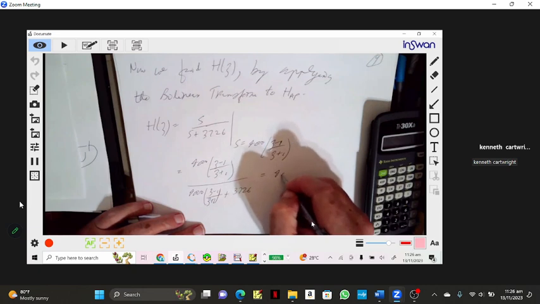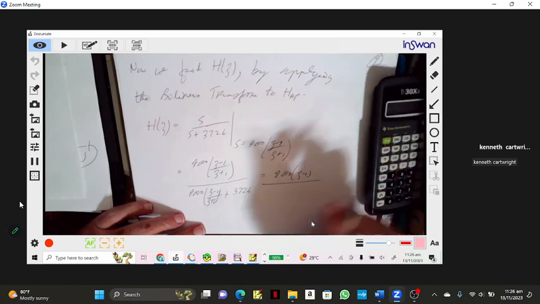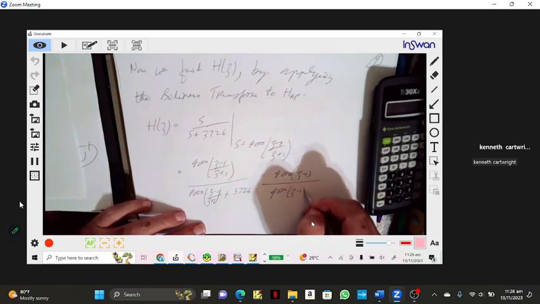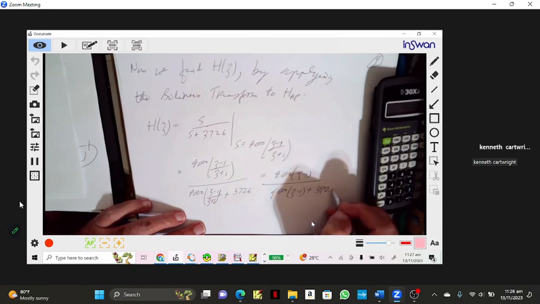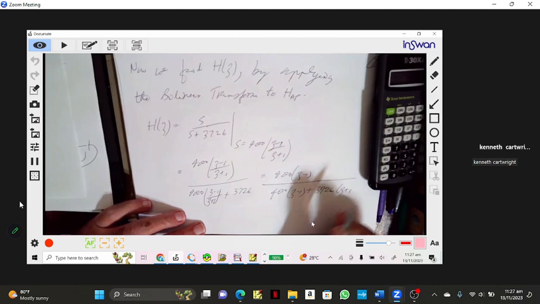Okay, so that's 4,000 Z minus 1 over 4,000 Z minus 1 plus 3726 Z plus 1.